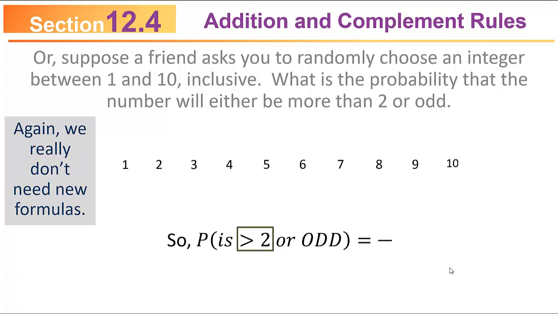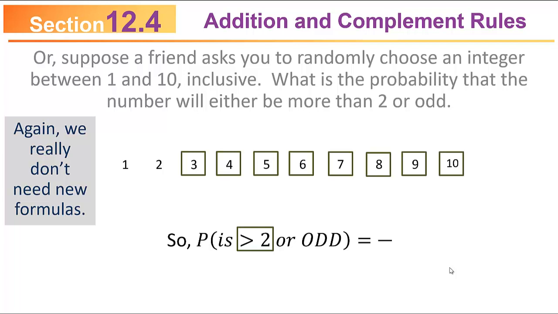Take them one at a time. Greater than 2 would be 3, 4, 5, 6, 7, 8, 9, 10. Odd would be 1, 3, 5, 7, 9. So we're looking at the probability that either the number is greater than 2 or odd.